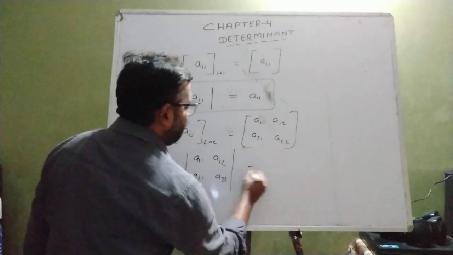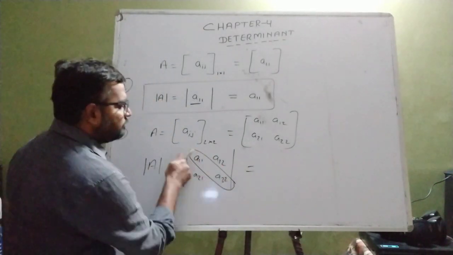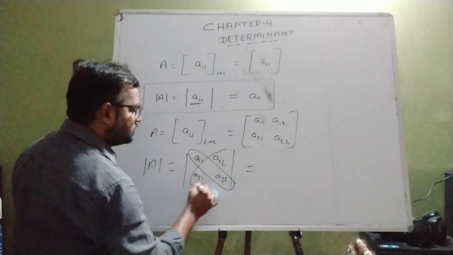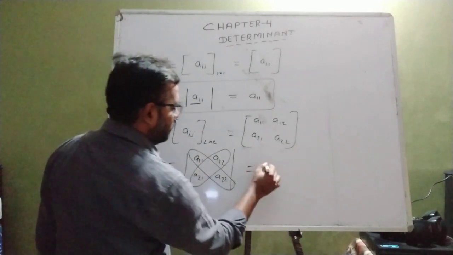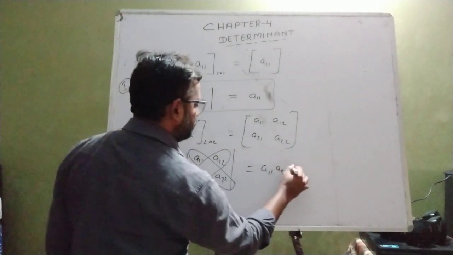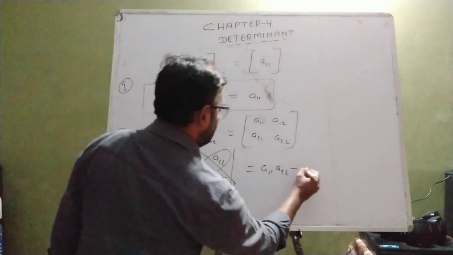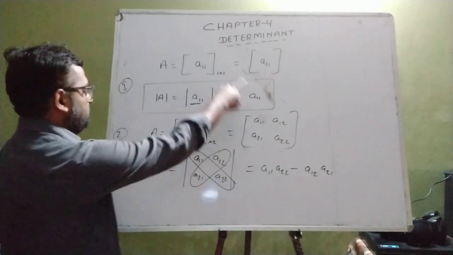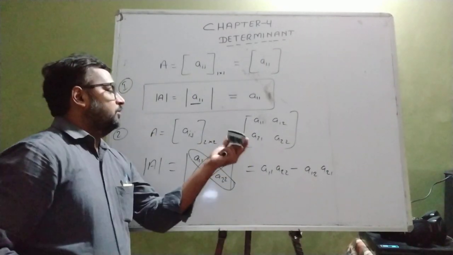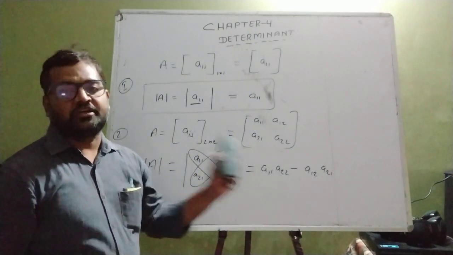How is the value given? This is known as the principal diagonal and this is known as the off diagonal. The value is the product of the principal diagonal, A11 times A22, minus the product of the off diagonal, A12 times A21. This is the determinant value for the second order matrix.